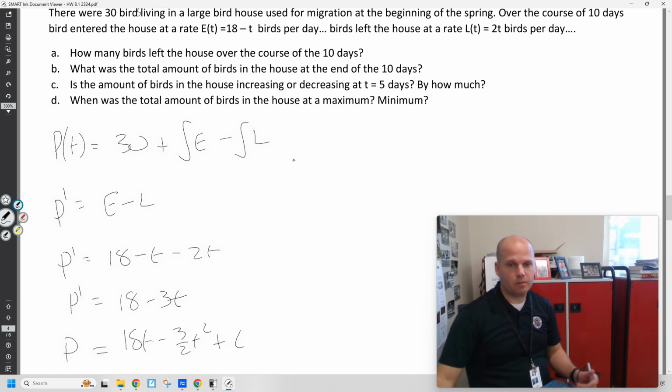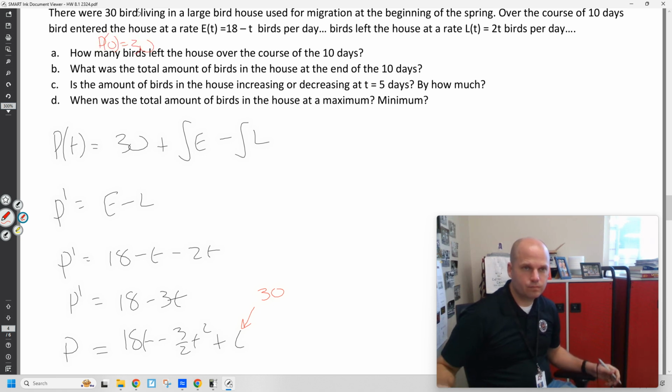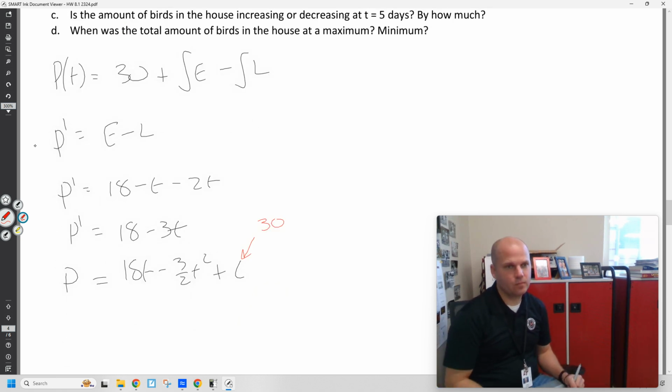It sounds like my computer is about to blow up. P of 0 is 30. That's C. You actually have an equation for your overall population or position of birds.